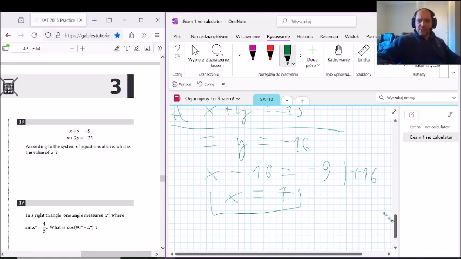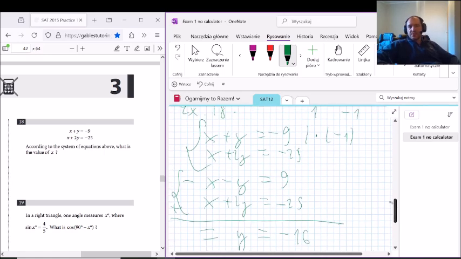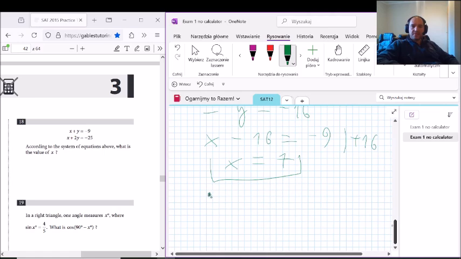I'm not sure which method I showed the last time, so maybe I will also show the other method that we can use. It is a method of substitution. Once again, we have x plus y equals minus 9 and x plus 2y equals minus 25.